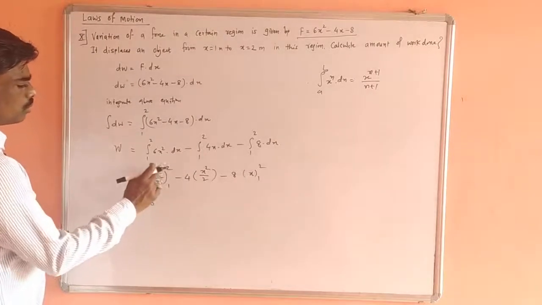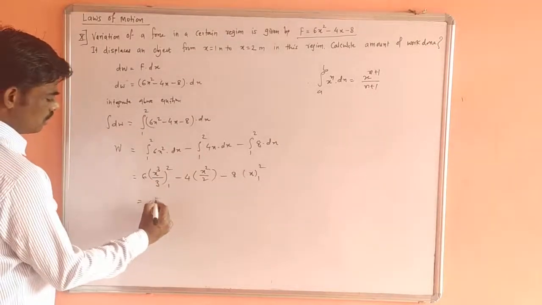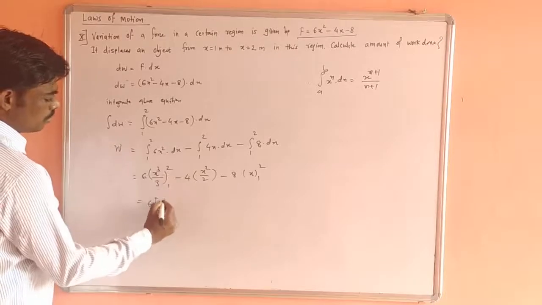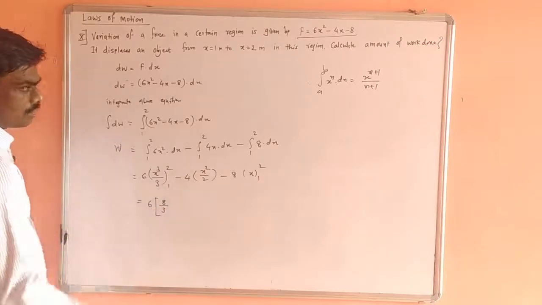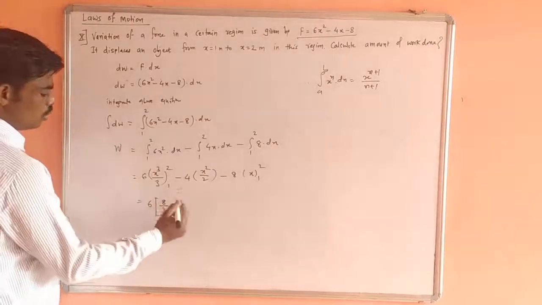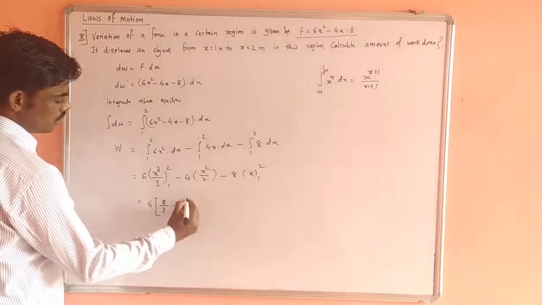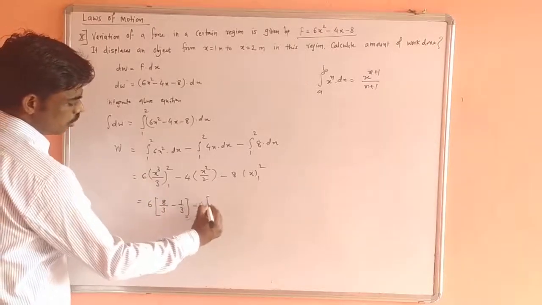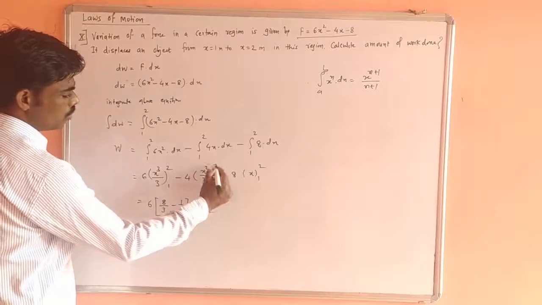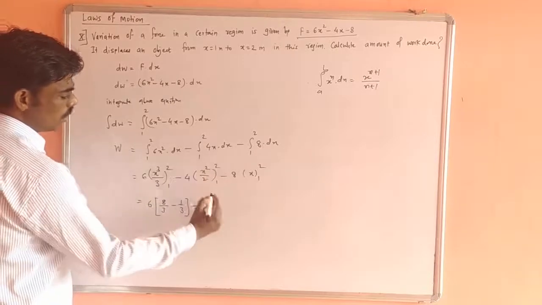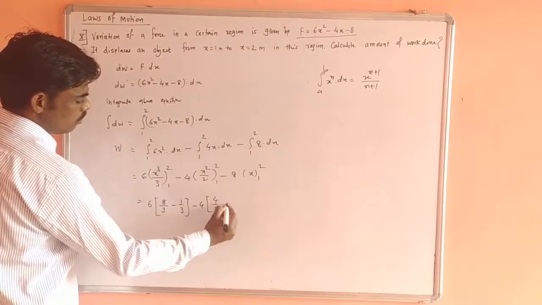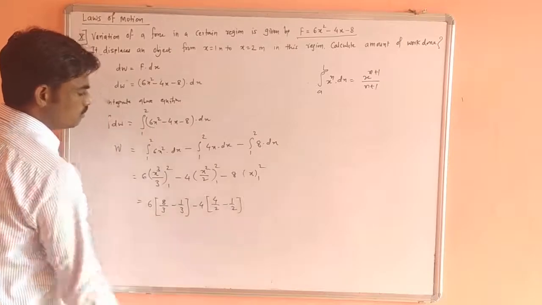Now substitute limits. 6, 2 cube becomes 8, 8 by 3, 1 cube, minus 1 by 3. Minus 4, again 1 to 2 limit, 2 square, 4 by 2, minus 1 by 2.